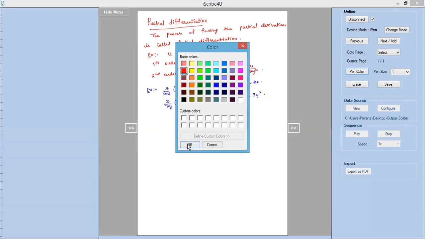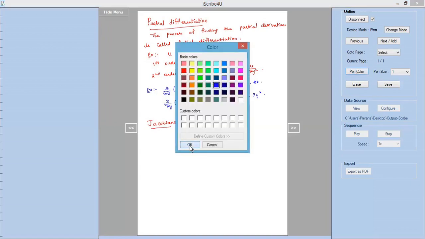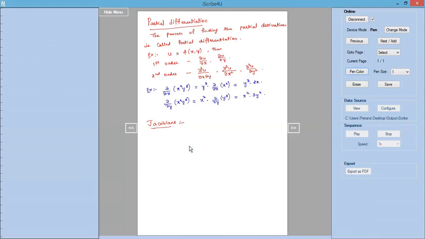Now we will understand Jacobians. Suppose u and v are two dependent functions of two independent variables x and y.